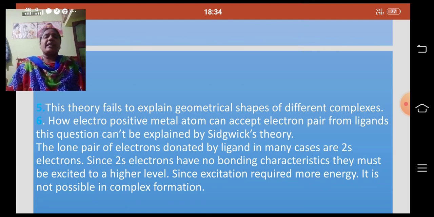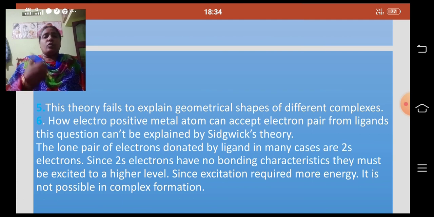If we take the example of ammine NH3 or aqua H2O, the s orbital electrons are donated by that ligand. So it is donating ns electrons, and ns electrons are generally highly stable in the ground state.